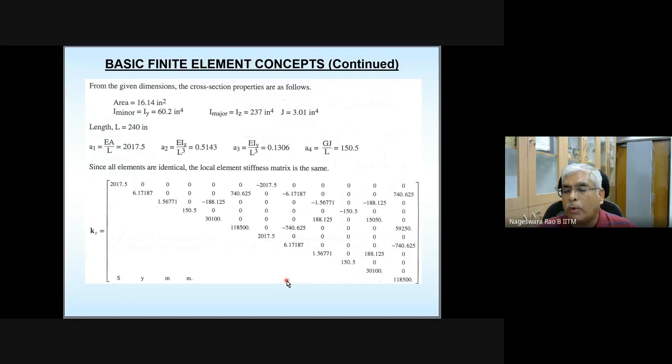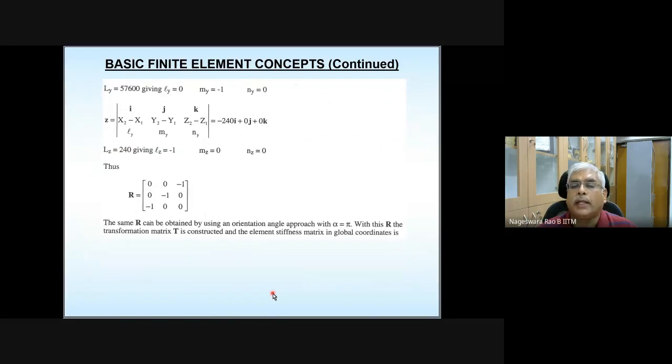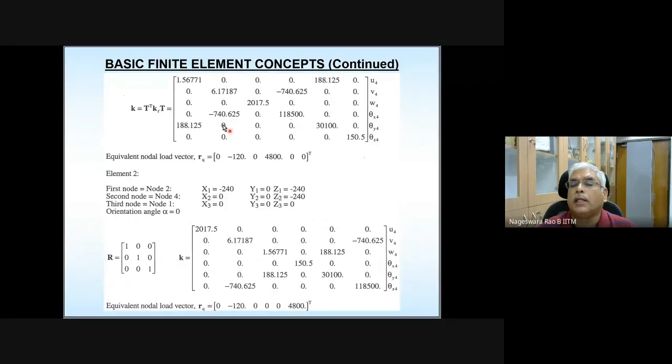So the bottom 6 by 6 quarter is what we need to take, and that is what is written here. This is nothing but the reduced stiffness contribution from element 1 to the global reduced stiffness matrix, and the corresponding degrees of freedom are noted here.